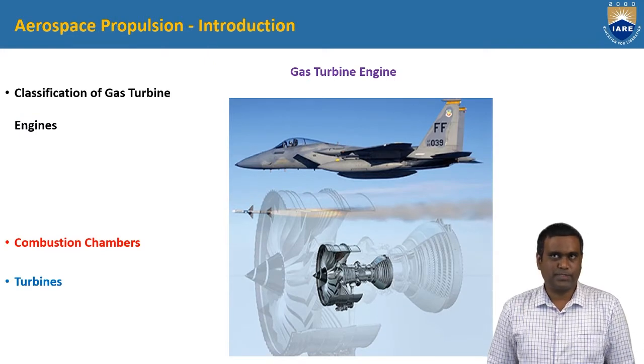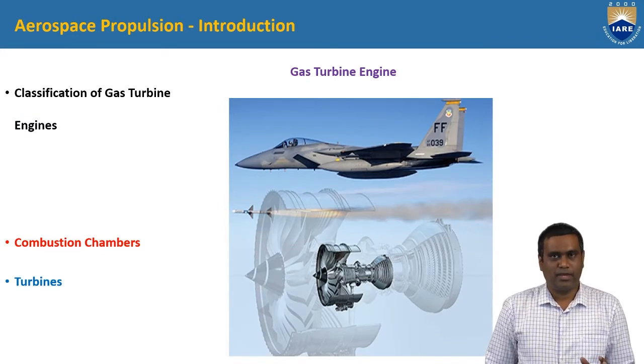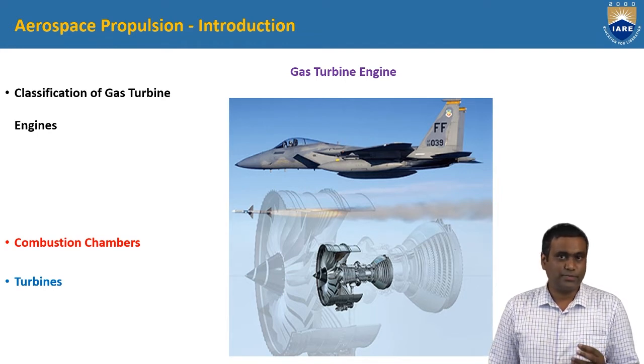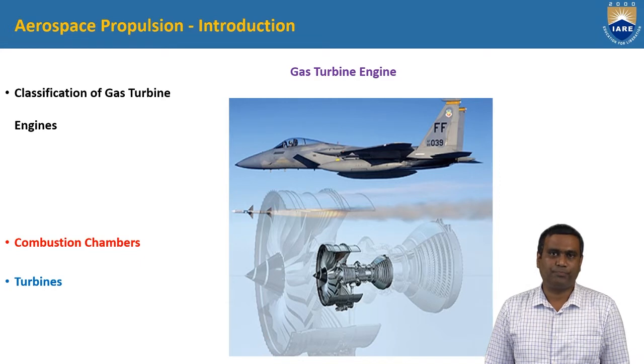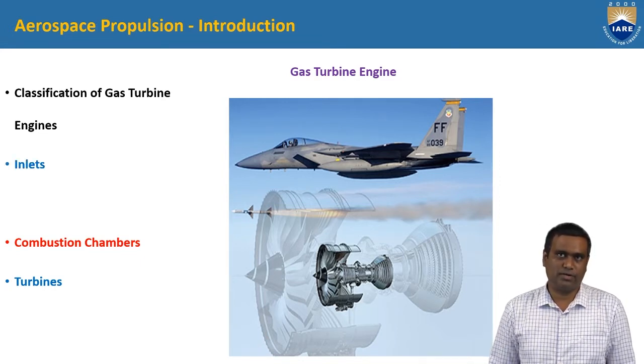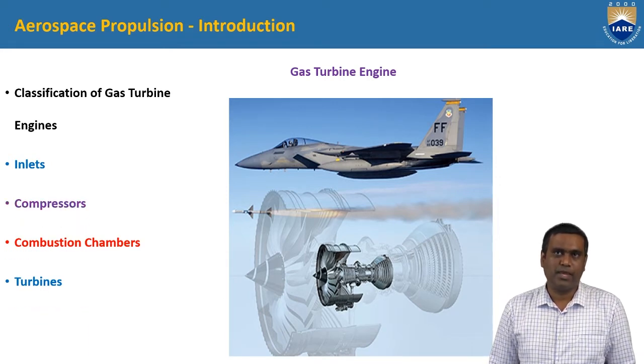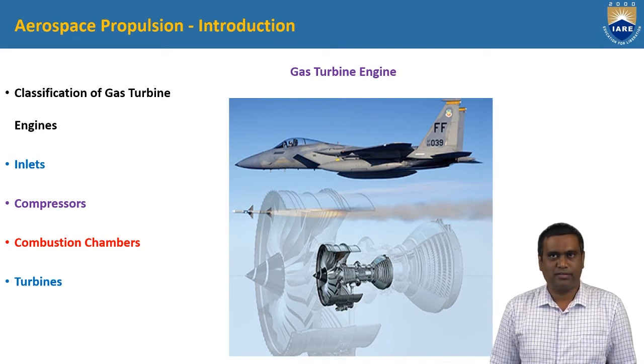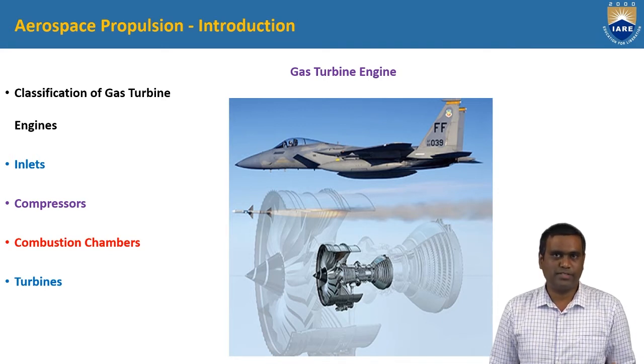Right? The aerospace propulsion system is a machine that produces thrust. The contents of the course are as follows: classification of gas turbines and inlets. That is like components of gas turbine engines.